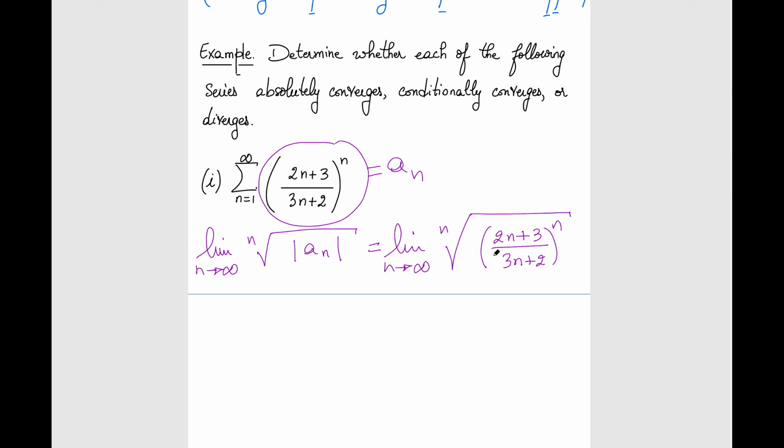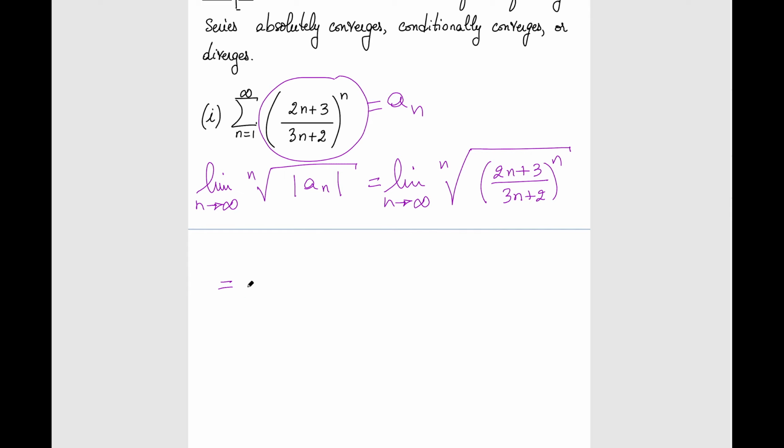We get the absolute value of the base if n is even, and without the absolute value if n is odd. But in this case, n goes to infinity and the base is positive, so they undo each other in a clean fashion.